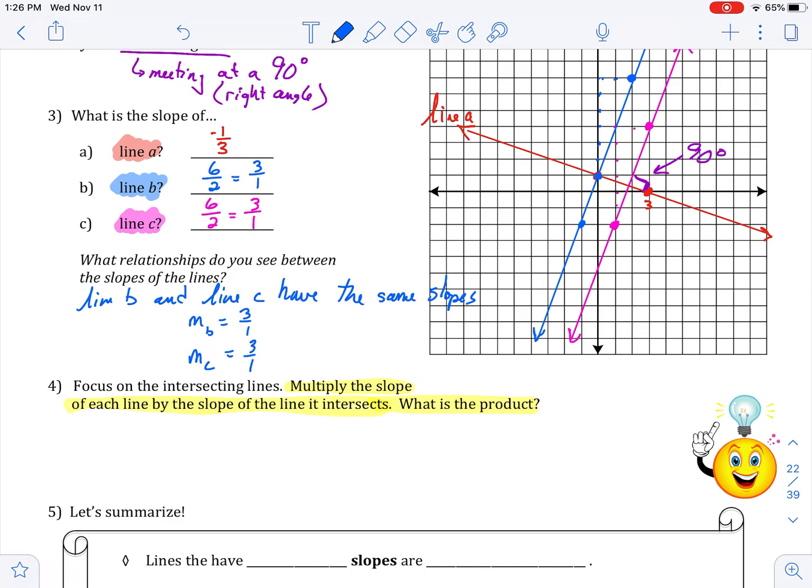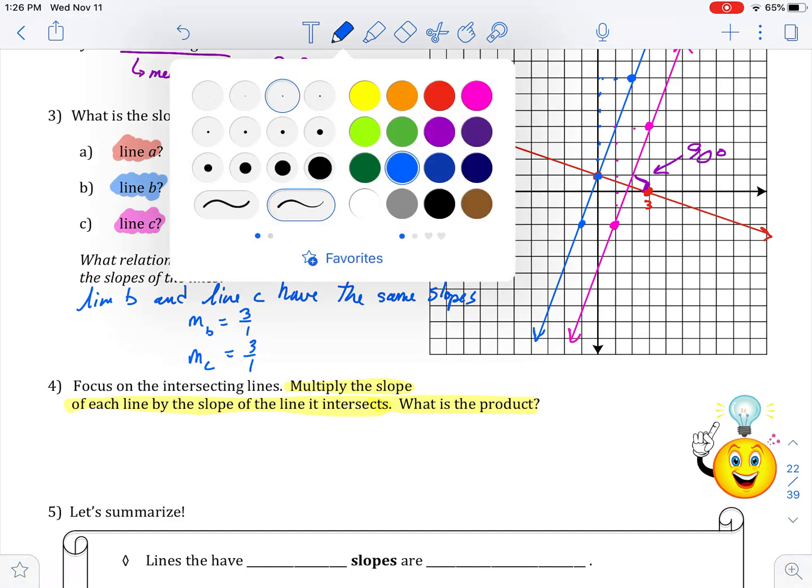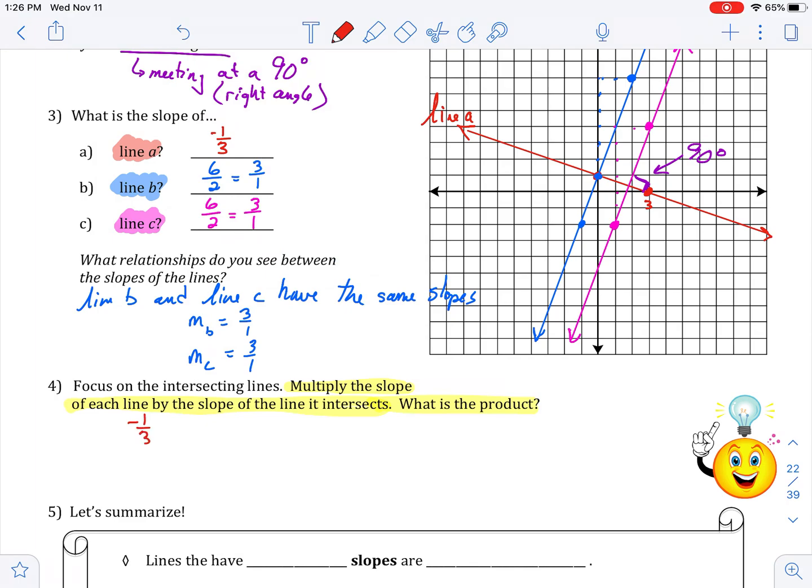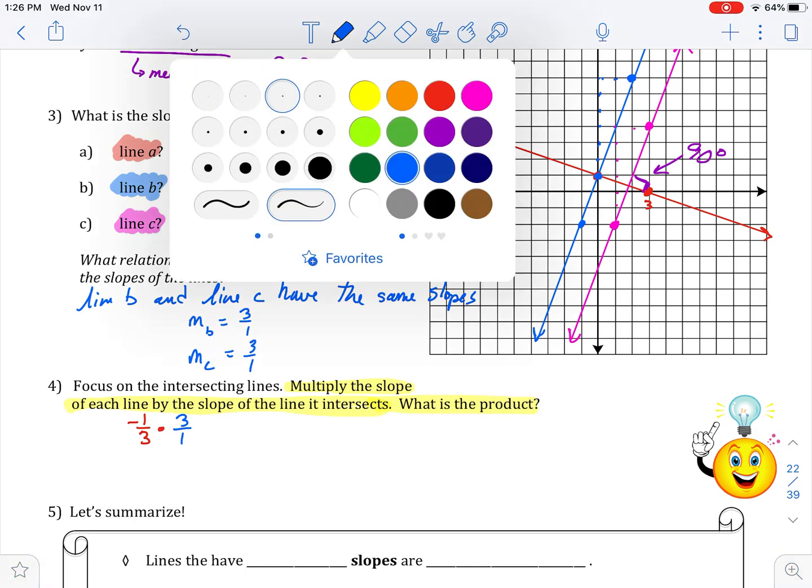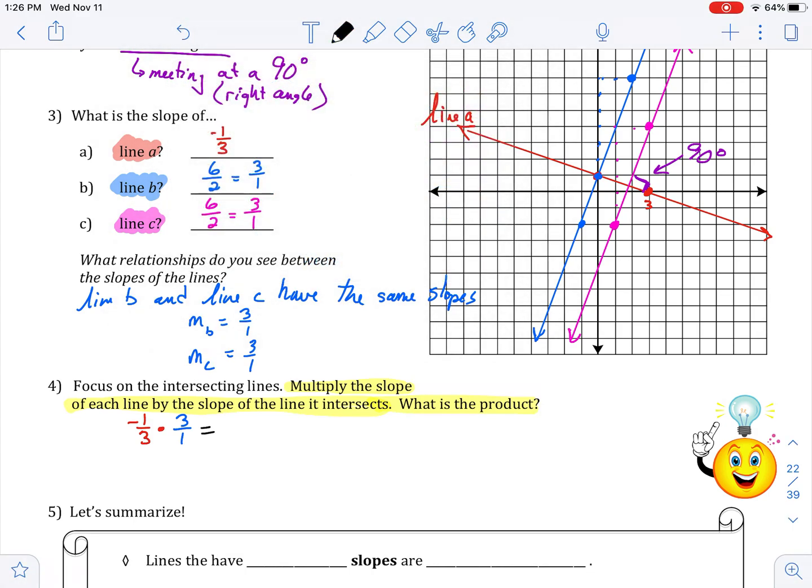So if I take line A, the slope, which was negative 1/3, and multiply it by the slope of line B, which was 3 over 1, as we multiply this out, negative 1 times 3 is negative 3. 3 times 1 is 3, which is going to equal negative 1.